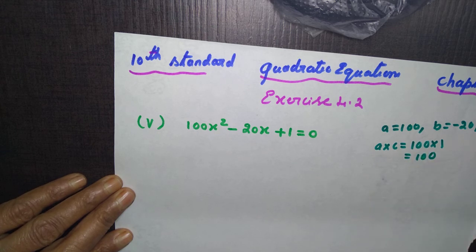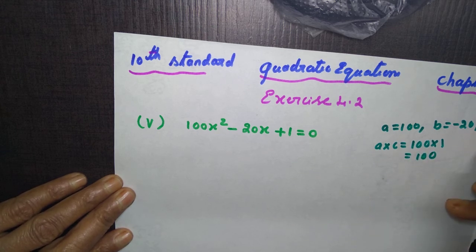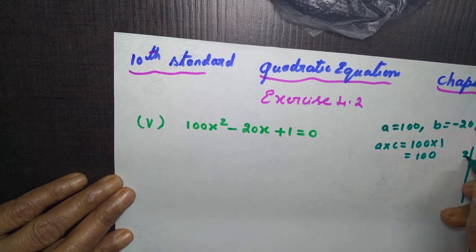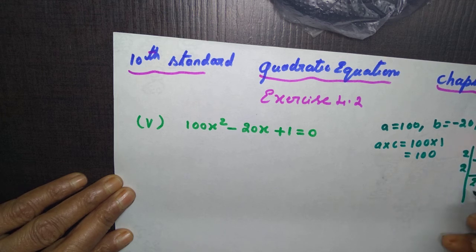Then take out the factors of 100: 2 50s are, 2 25s are, and 5 5s are, 5 1s are.